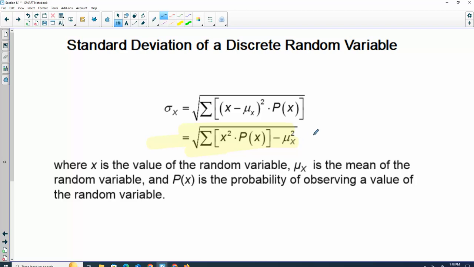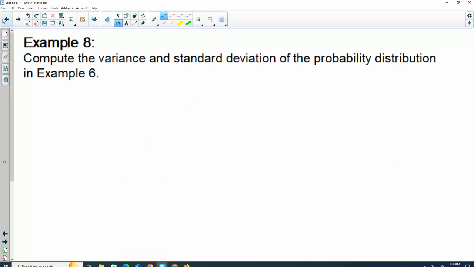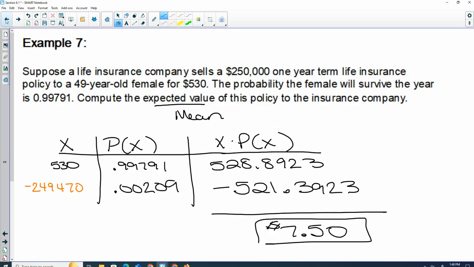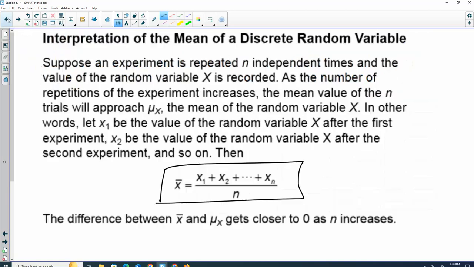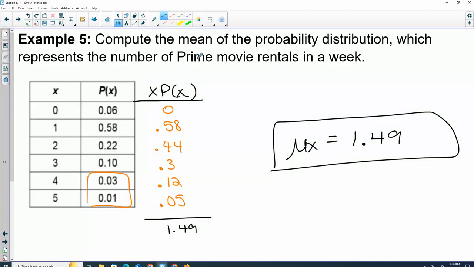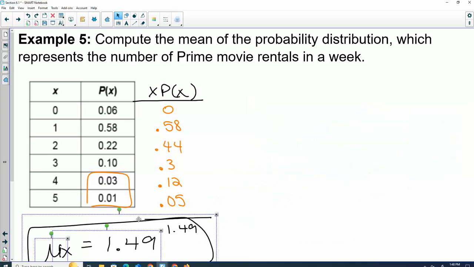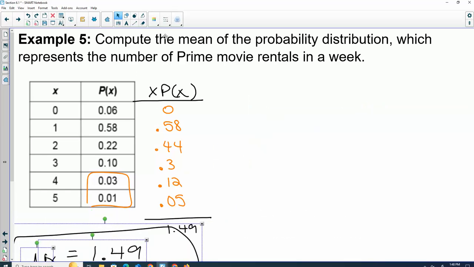Alright, so I want to go back and apply this to example 5 and show you how to use that one. We got our mean to be 1.49.